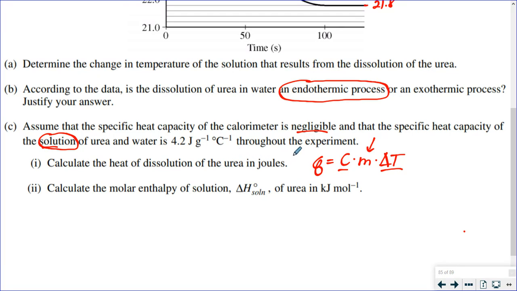So you're mixing those two together. So it's the total mass, combined mass of the water and the urea that gets dissolved. If you have a problem where you just have something being combusted underneath or in a bomb calorimeter, you wouldn't include both masses. So this will give you joules. That's your answer for I. Then take your number of joules, convert to kilojoules, divide by the number of moles of urea that you had in the problem. And that's how you do the second part there.